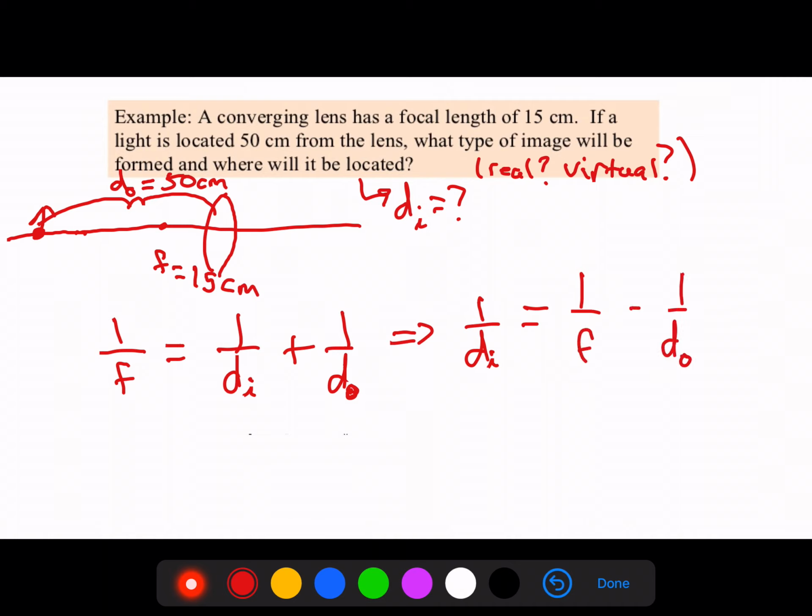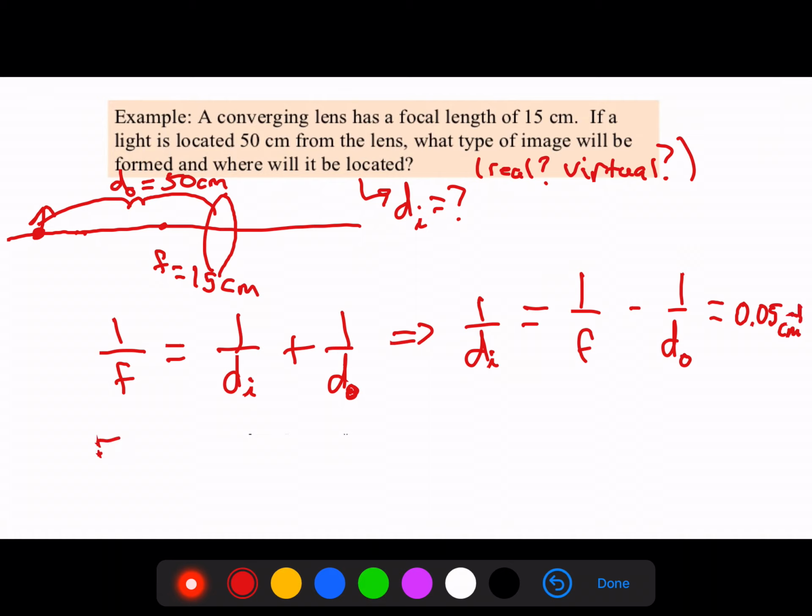And in this case, both f and do are positive, but once you plug in the numbers, you should see that you end up with a positive value. This 1 over the image distance is going to be equal to a positive 0.05, roughly speaking, and the units here then would be centimeters to the minus 1 because this is just 1 over the image distance.